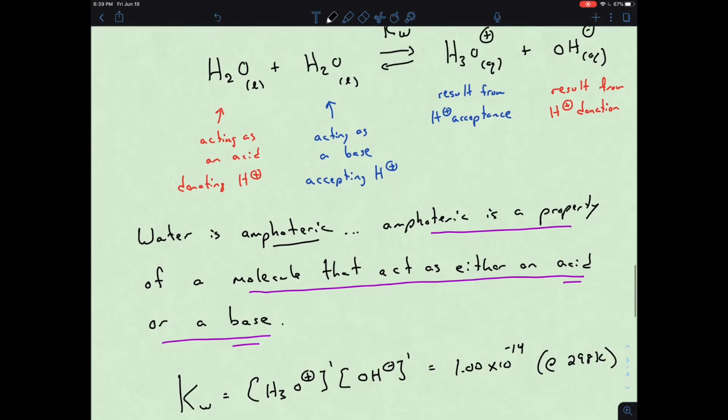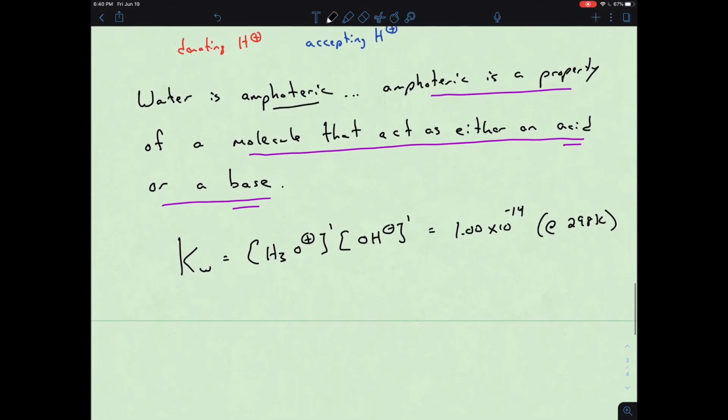So the value does change. Equilibrium constants are also temperature dependent. So there's our Kw, and this is how an acid or a base alters that idea of the auto-ionization of water, because now it can increase the hydronium ion concentration, or it could increase the amount of hydroxide, and that's what results in an acidic or a basic solution.